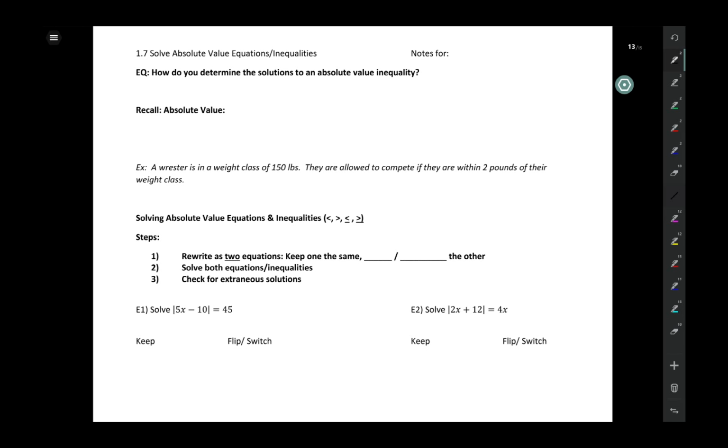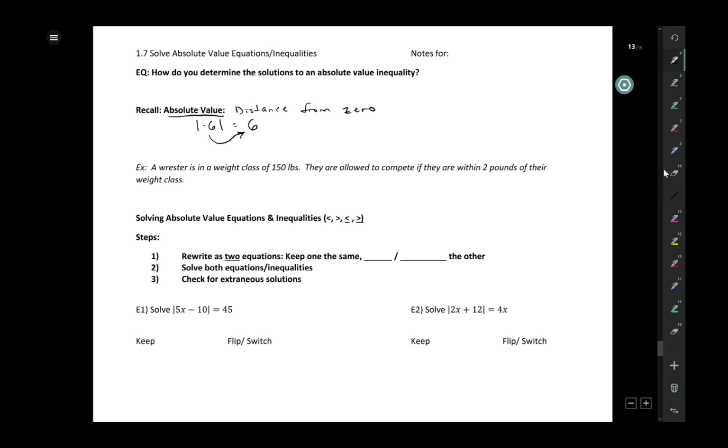So recall that absolute value, it's the little bars, and really what it does is it takes a negative and thinks of it as a positive. So the absolute value of -6, your answer becomes +6 because absolute value is the distance from 0.